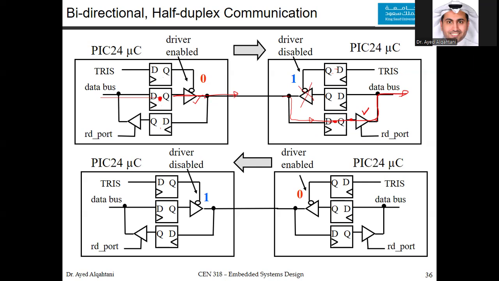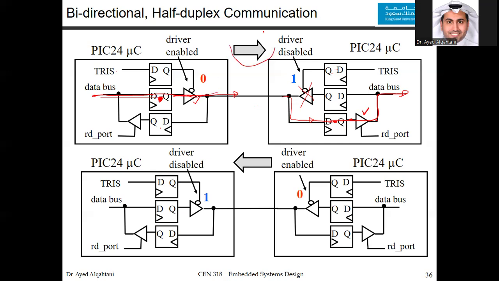Now, how do we get the value that we send to the other microcontroller? We get it actually from the data bus, and it was automatically stored in this flip-flop. And once you have a connection here, by enabling its TRIS and making it an output, it will be connected all the way to the output. Now, can we have the other direction?